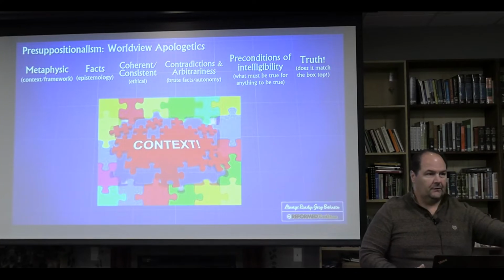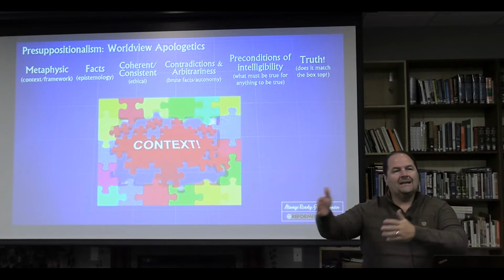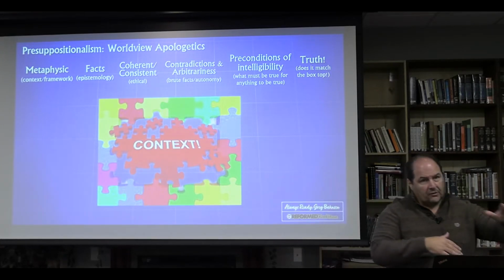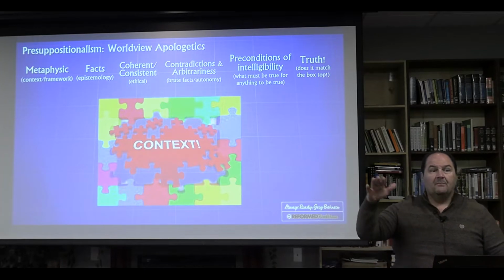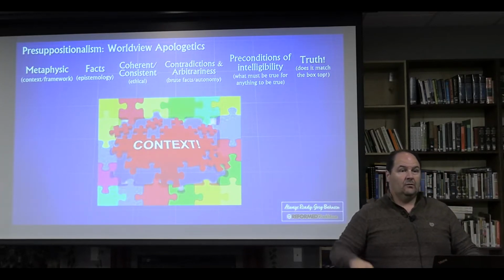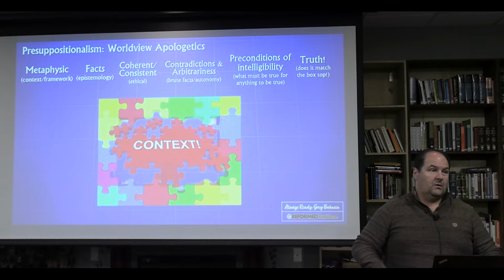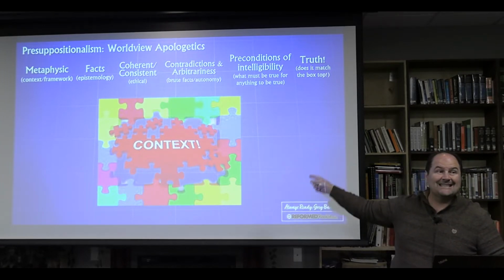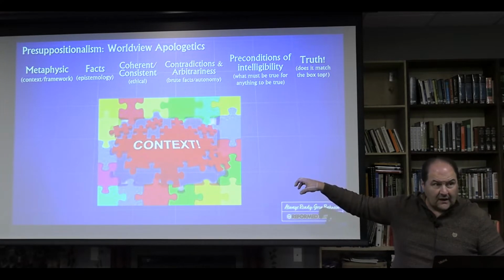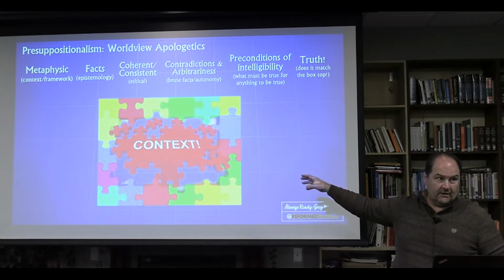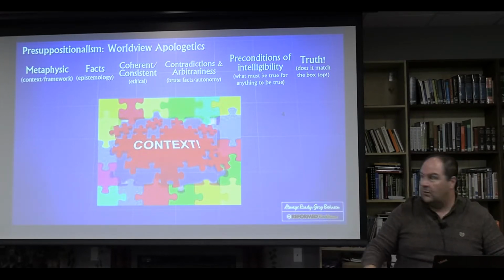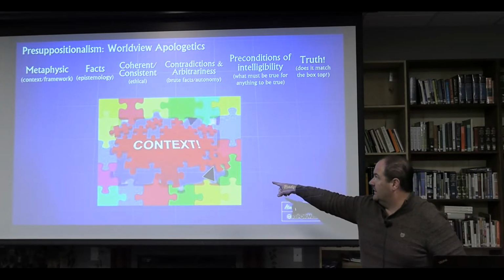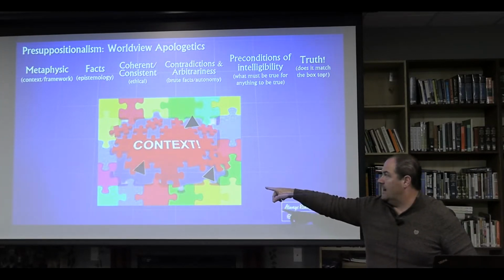Different set of rules. So every worldview has its own set of rules. The Christian worldview has a set of rules. The atheistic worldview has a set of rules. The Islamic worldview has a set of rules. The question is, are those rules consistent in itself, or are they arbitrary? Do we have something called, like these little black triangles?